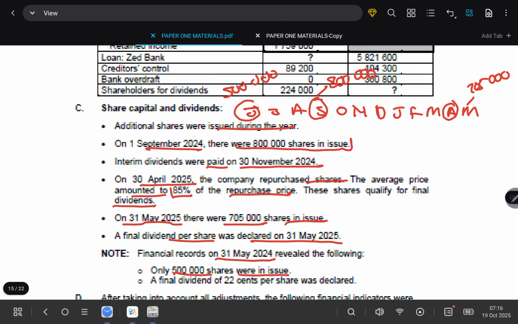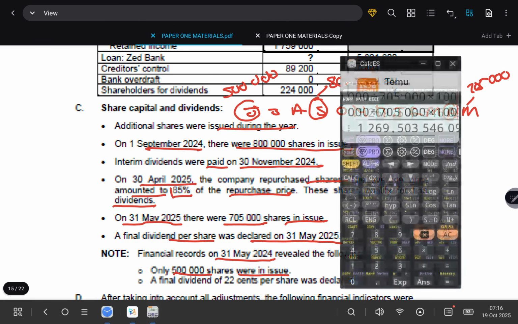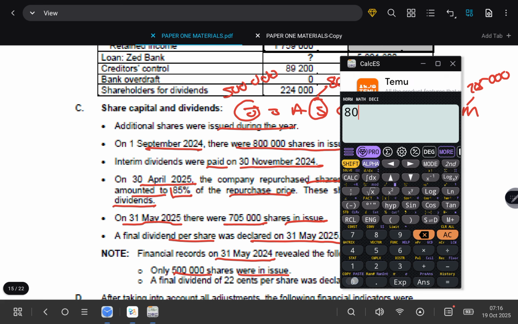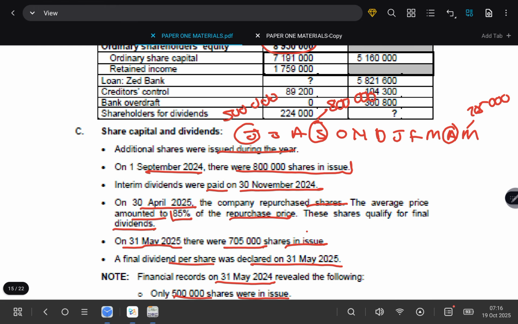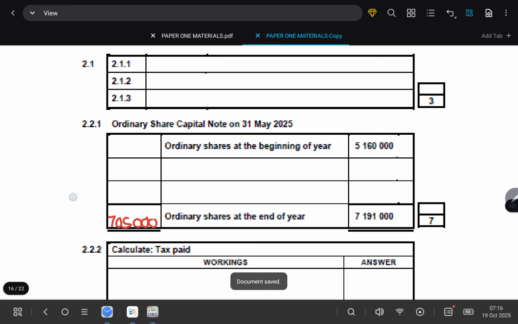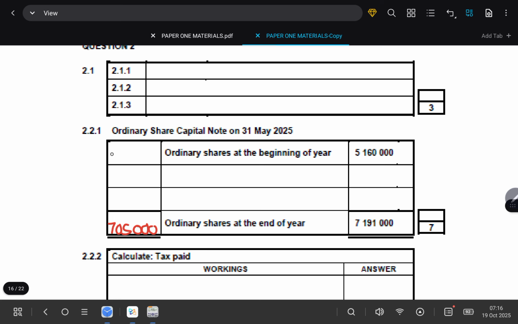Now, 800,000 minus 500,000 gives us the additional shares that we issued, which is 300,000. So in our answer book, where they write shares issued, we have 500,000 at the beginning, and our shares issued, at an amount we don't know, are 300,000.